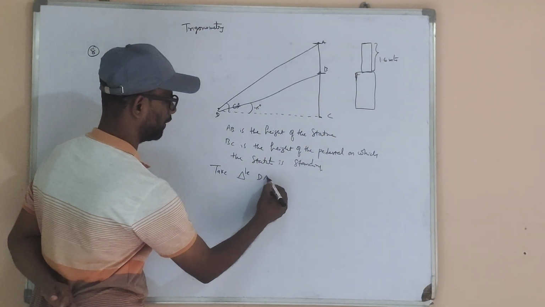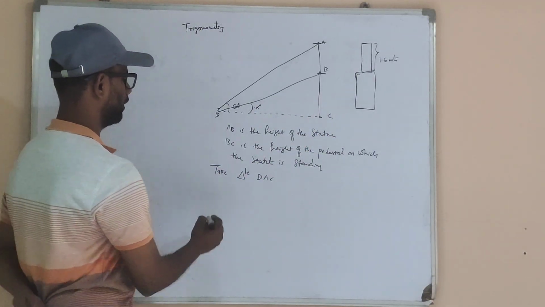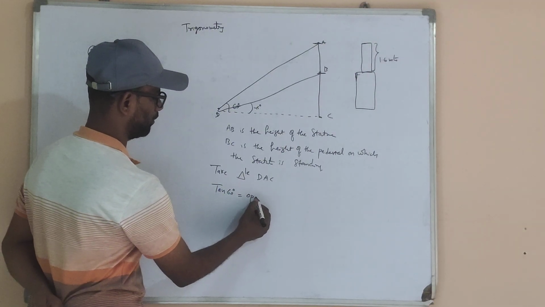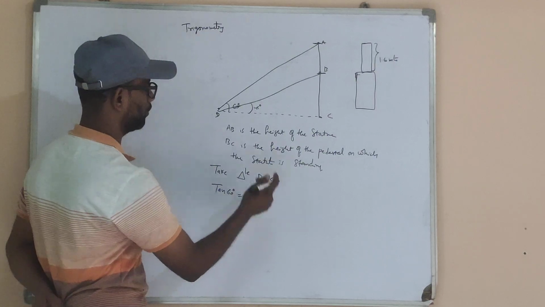Take triangle DAC. Tan 60 degrees is equal to opposite by adjacent.